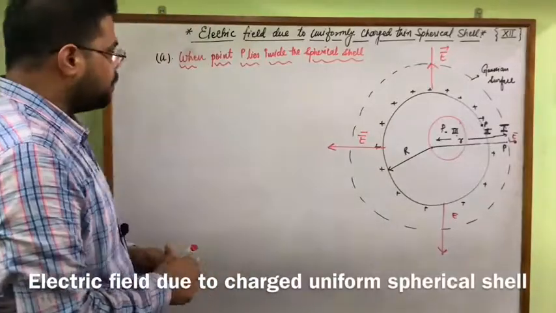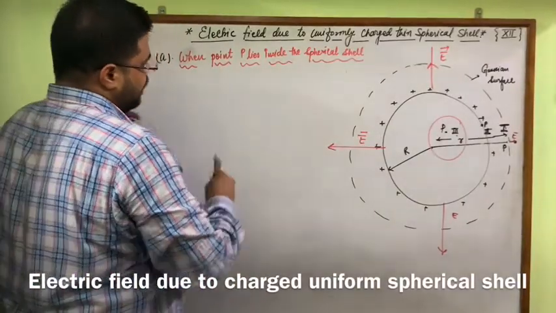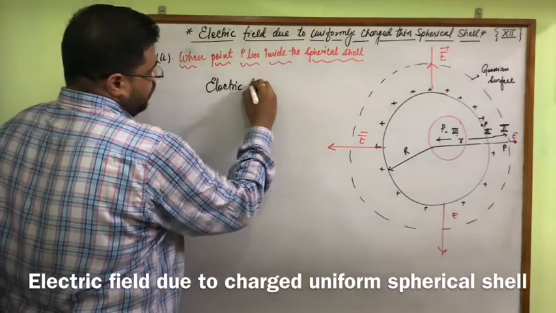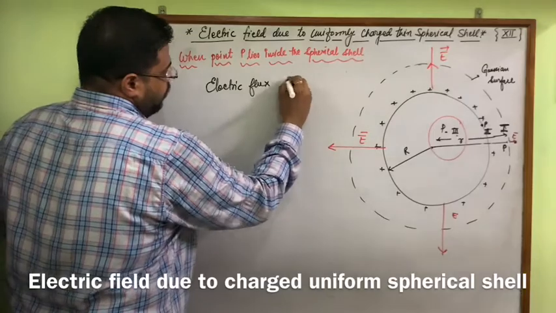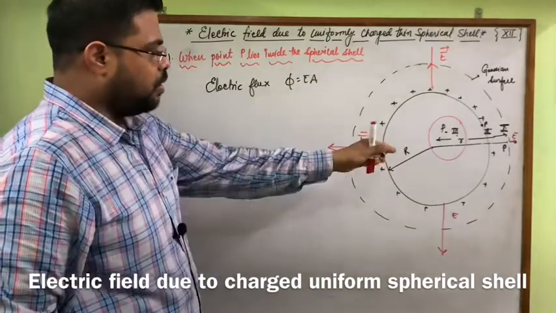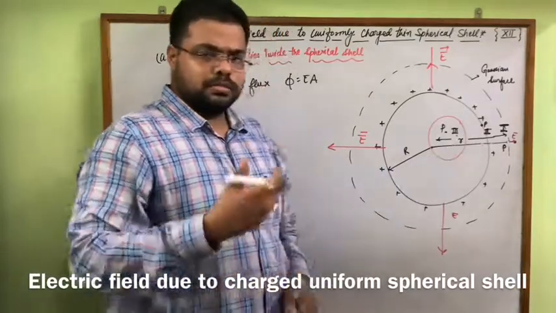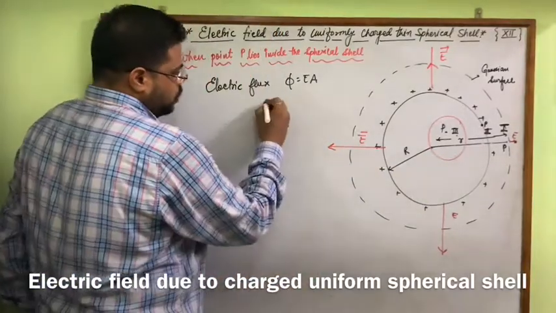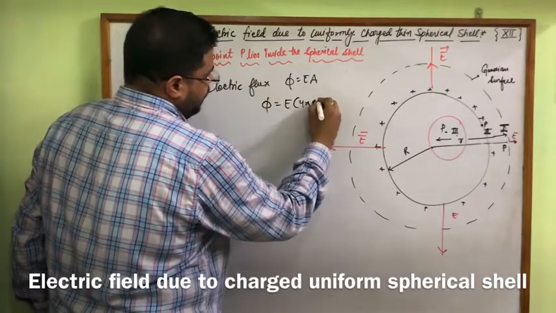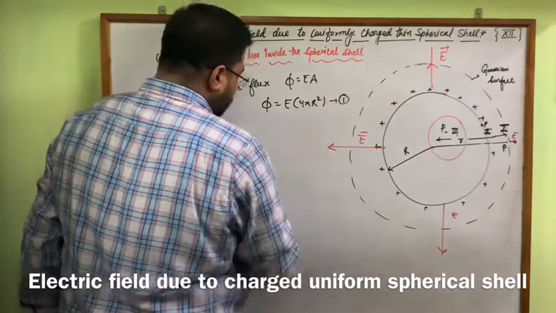Same step. First of all, electric flux phi equals E A, and the area will be the same because we consider the radius R. So phi will be equal to E times 4 pi capital R square. Give this equation number 1.